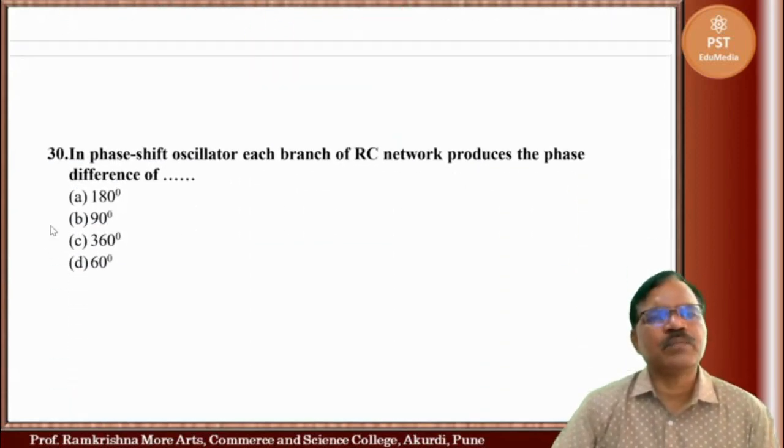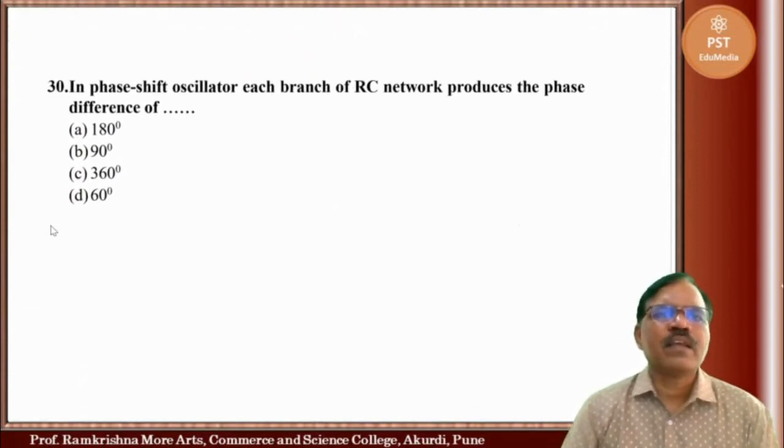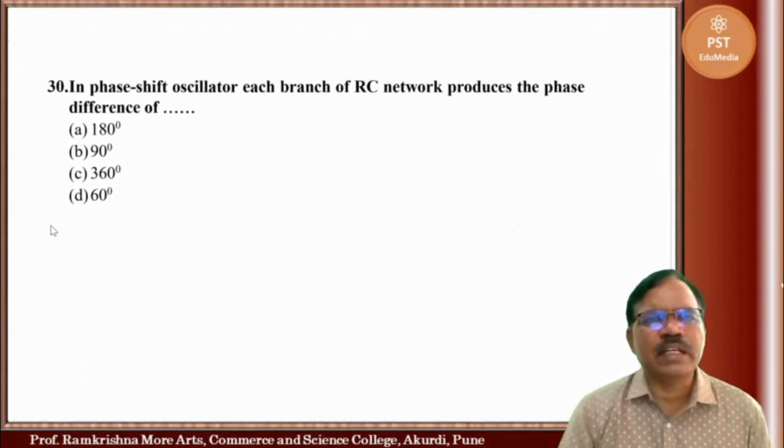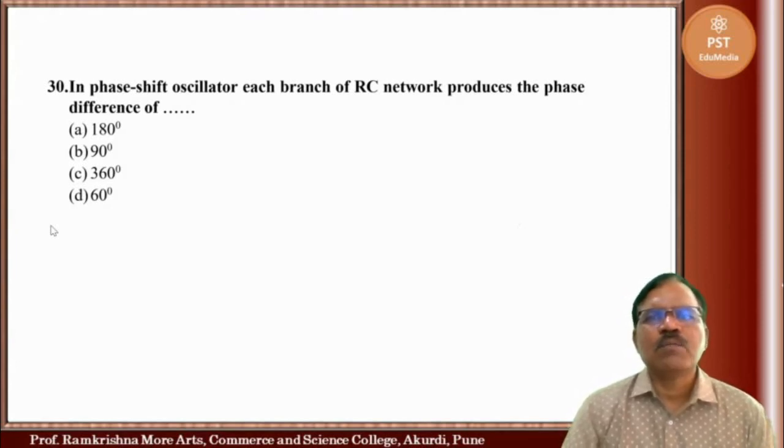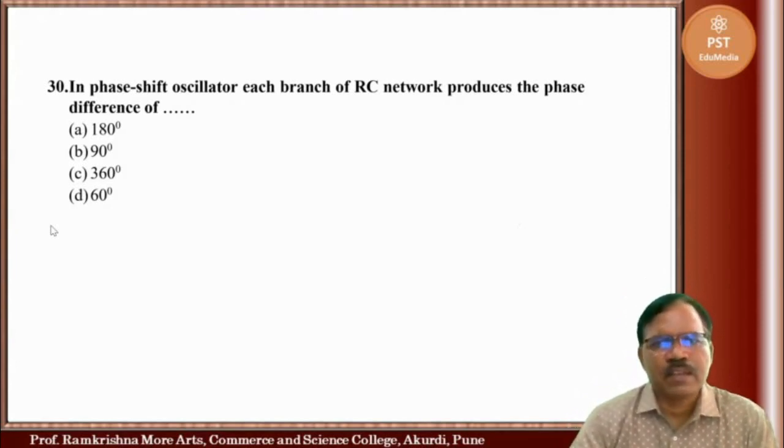Now next one, in phase shift oscillator, each branch of RC network produces the phase difference. Now if we see here phase shift oscillator, its circuit diagram is like this.